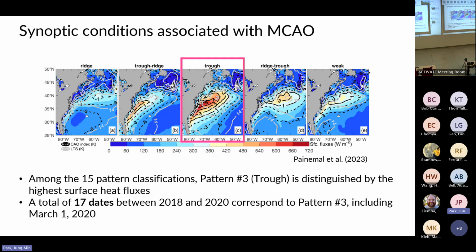Among the total of 15 patterns, pattern number 3, which is one of the trough category, is distinguished by the highest surface fluxes, as you can see here. Between 2018 and 2020, there are 17 dates that fall into this pattern, including the March 1st, 2020 case that was analyzed by 3 published works within ACTIVATE.